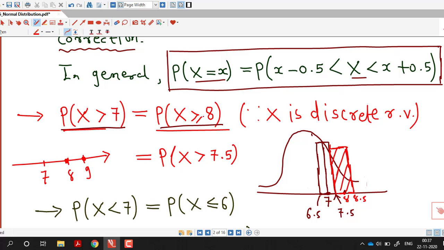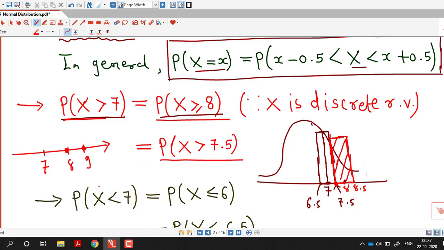So we have to include X equal to 8, and for that we have to start from this, the left hand side of this rectangle. So we have to start from 7.5. The area to the right of 7.5 is the required area. So the probability that X is bigger than 7 is nothing but the probability that X is bigger than 7.5.